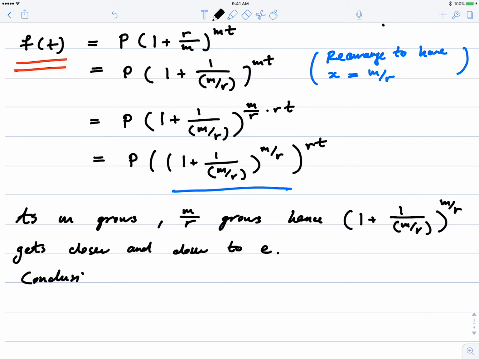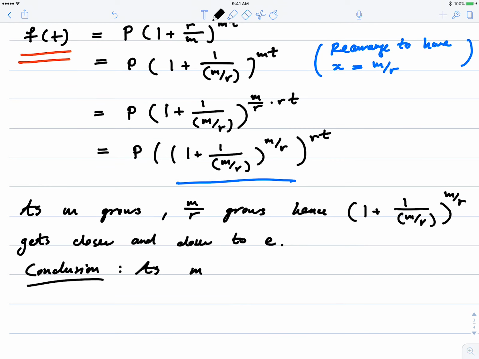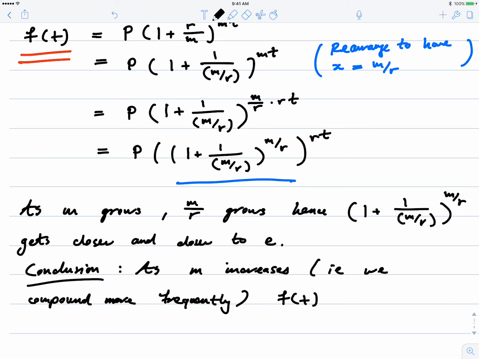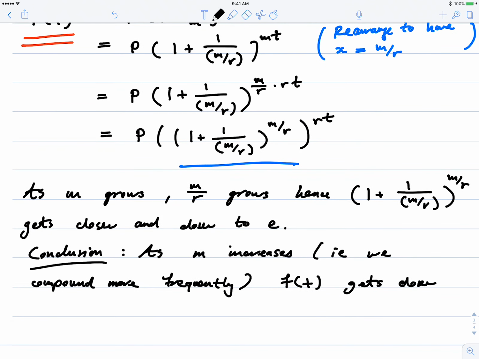So the conclusion is the following. As m increases, i.e. we compound more frequently, f of t, the actual amount in the account, gets closer and closer to, well, it seems to be p times e all raised to the rt.